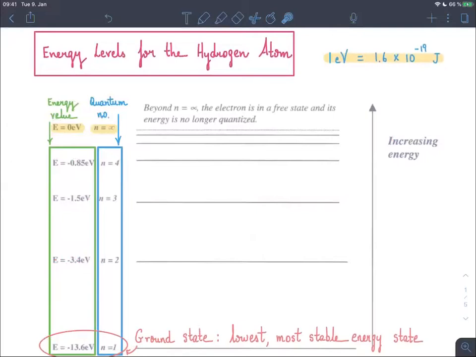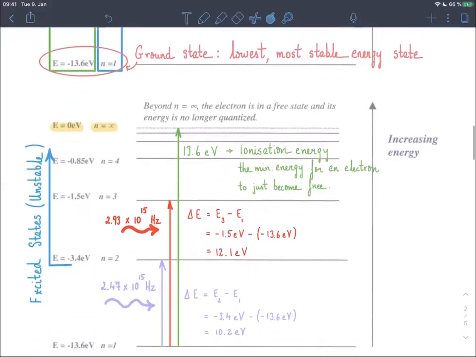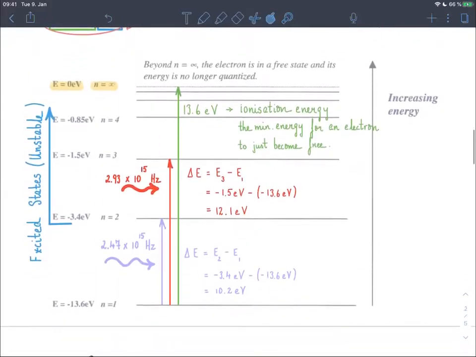But how can the electron get promoted from the ground state to the second energy level? This is only possible if the electron gains the exact energy difference between the two levels, which in this case would be 10.2 electron volts.